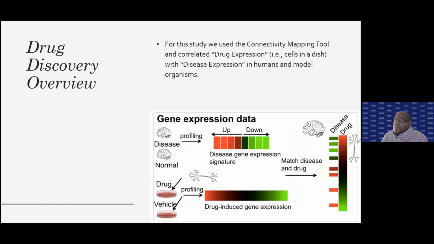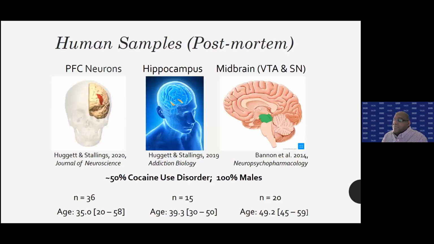For this study, we used the connectivity mapping tool. As I mentioned earlier, we correlated drug expression with disease expression. We have evidence from human brain as well as model organism brains, and the drug effects in a dish, and we meta-analyze across all of that evidence.